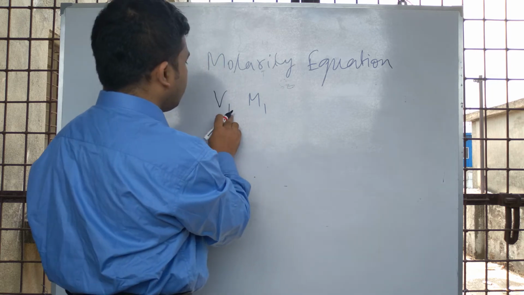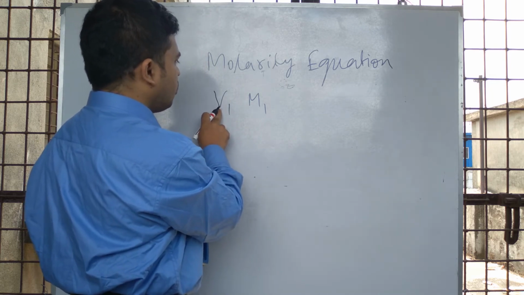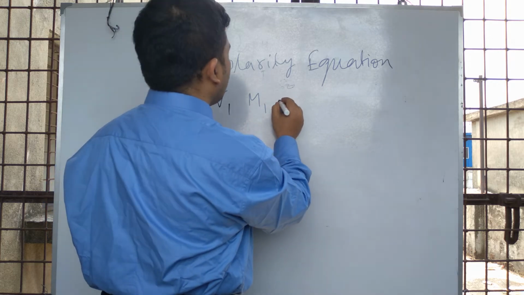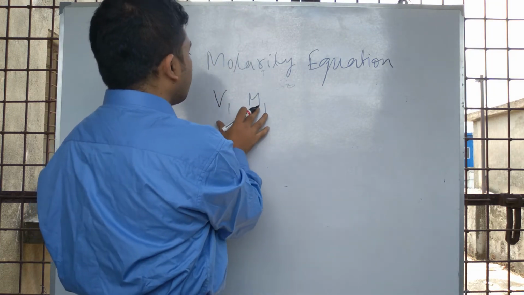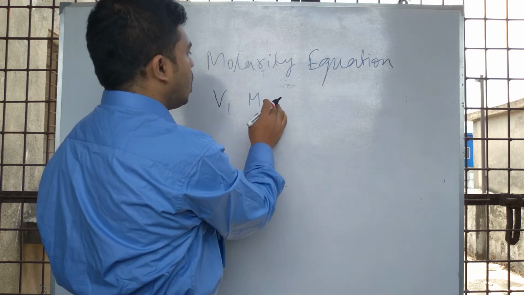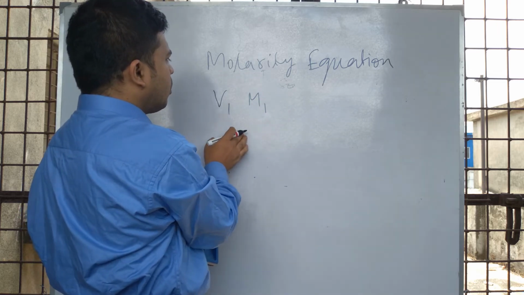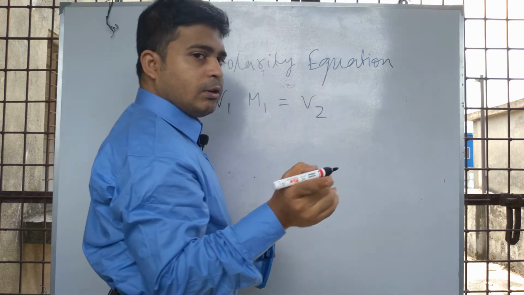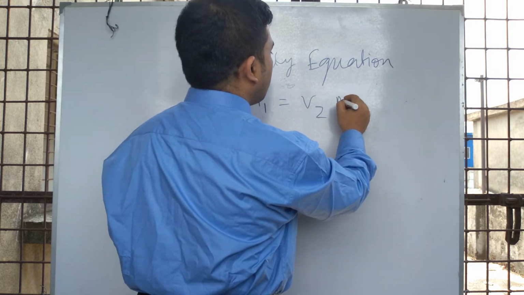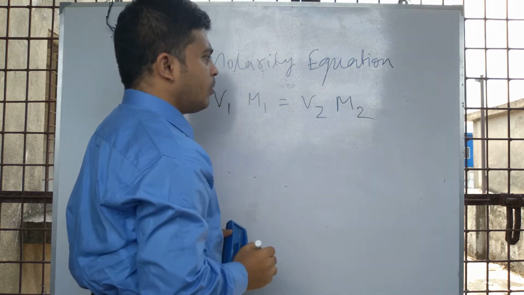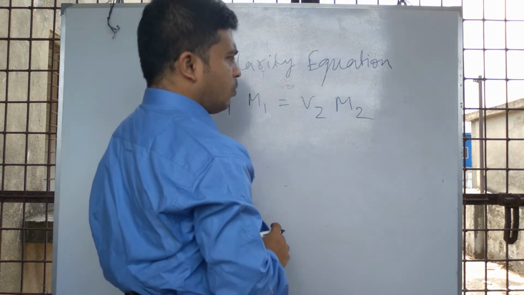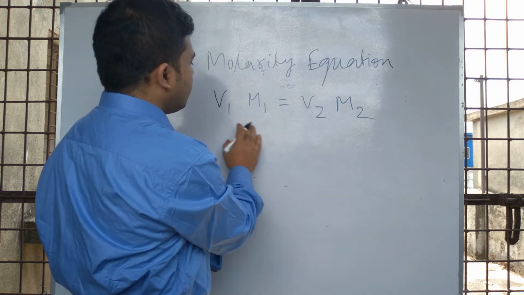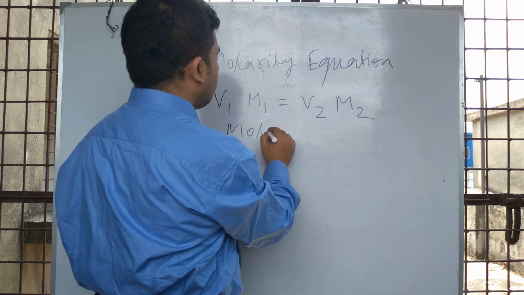V1 is the volume of the solution, and M1 is the molarity of the solution. If we dilute this solution to V2 ml, the molarity changes to M2. So this equation is called the molarity equation.